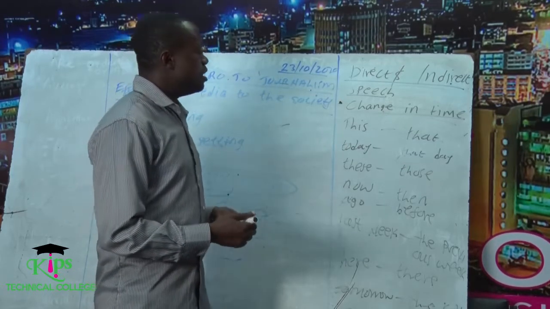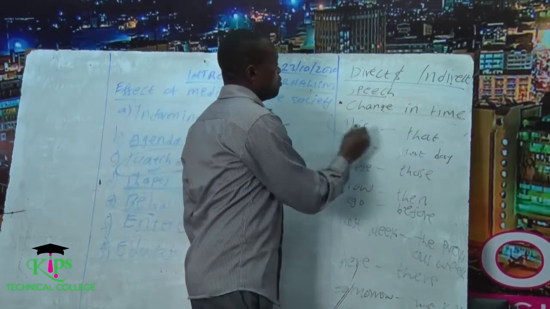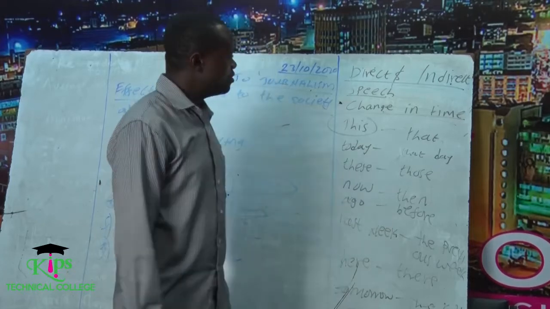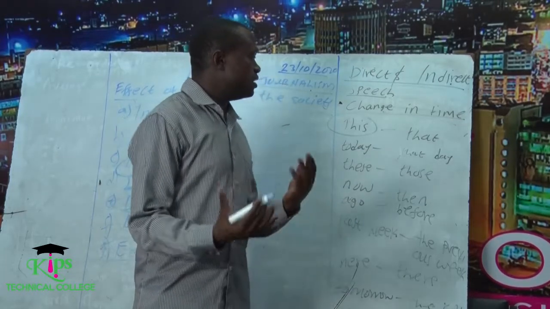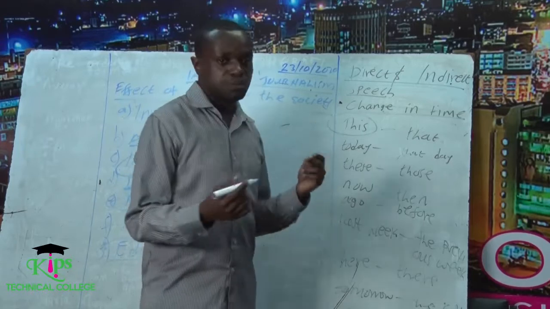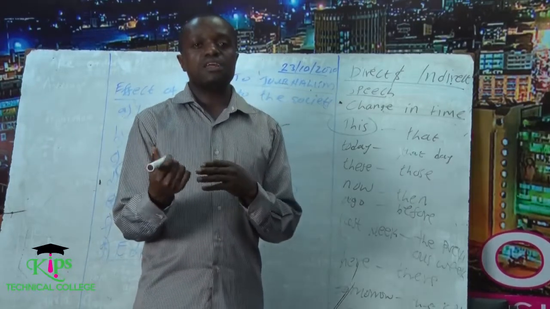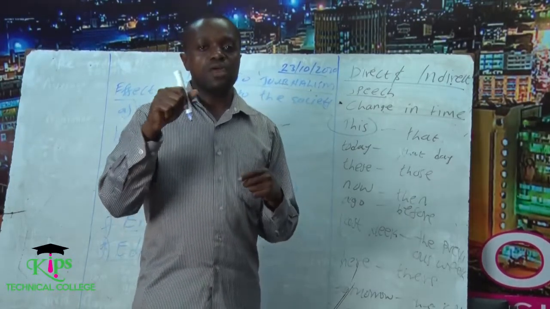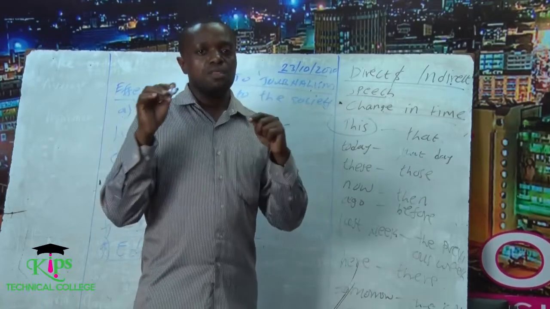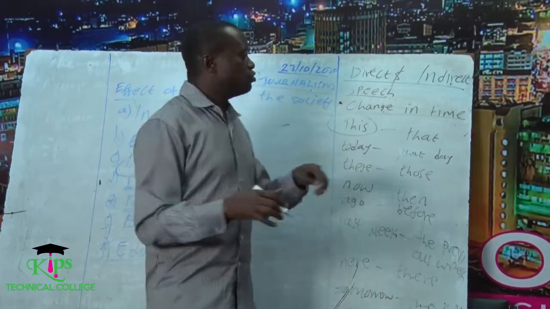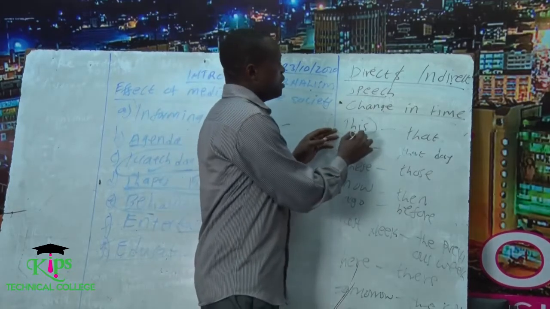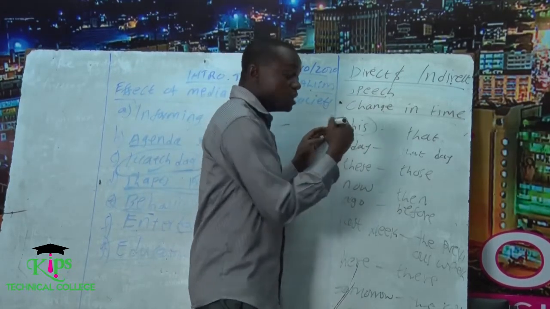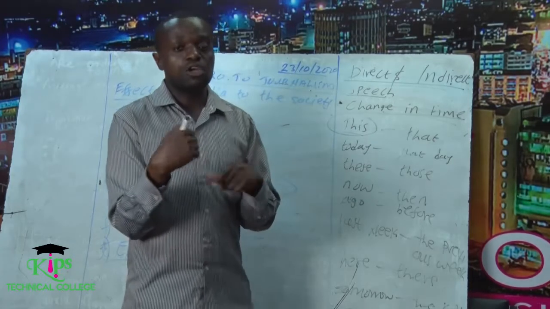Just to begin with, let's look at what is going to happen to the word this. For example, maybe someone is writing a sentence using direct speech. You can come up with a sentence like, Halima said, this is my mango. So this is in the present tense. Now if you're writing the sentence in indirect or reported speech, it's going to change.